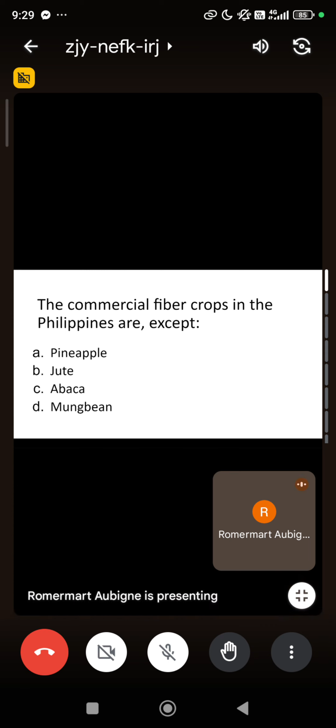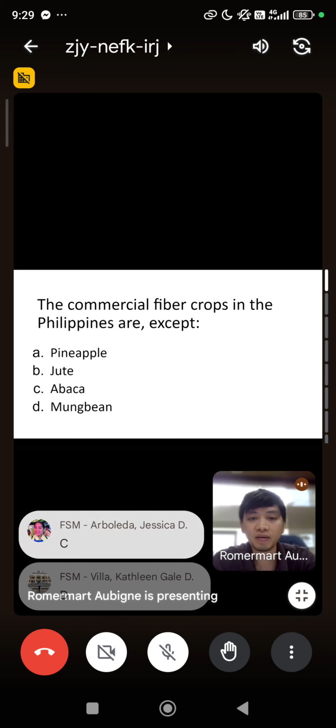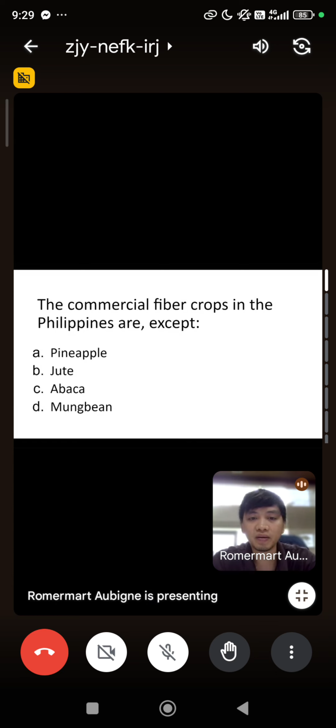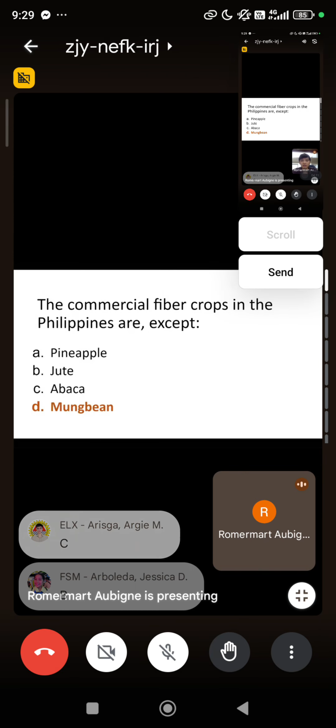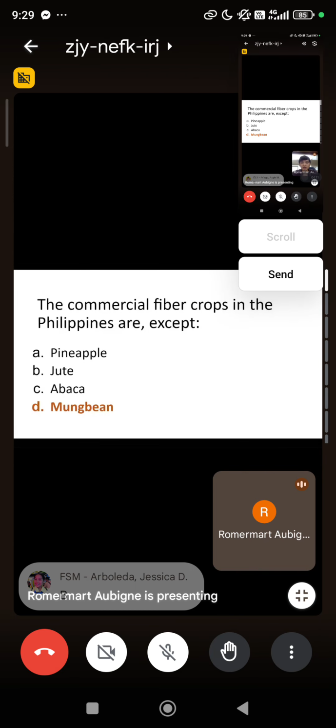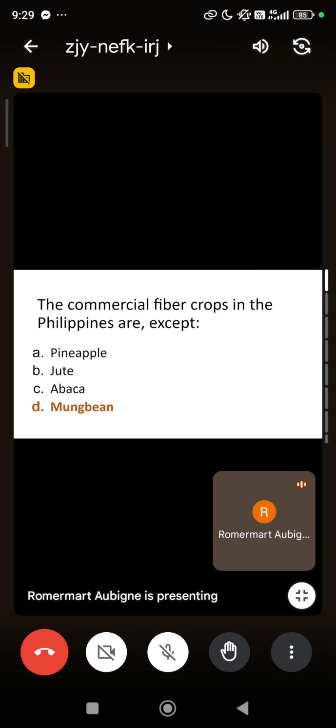So the answer is, as we can clearly see, munggo is not a fiber crop. Munggo is a leguminous crop.